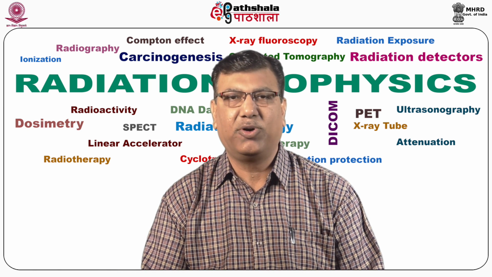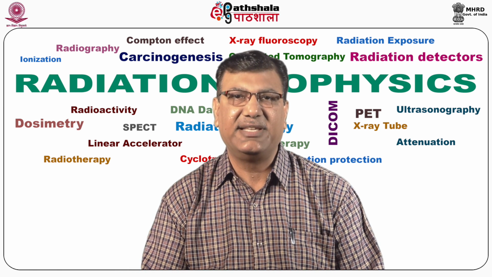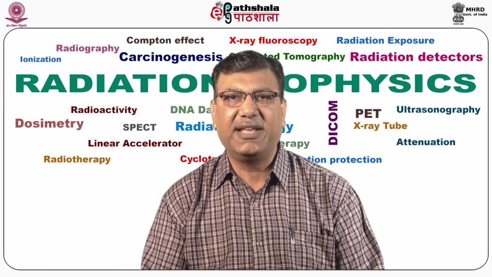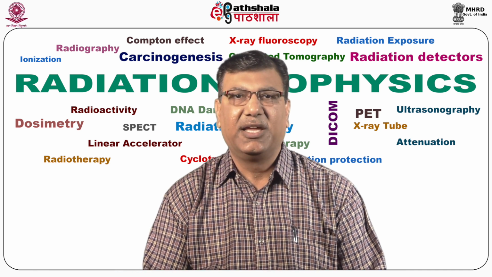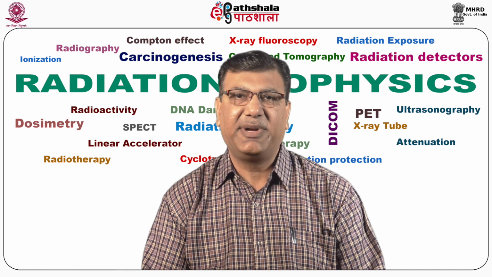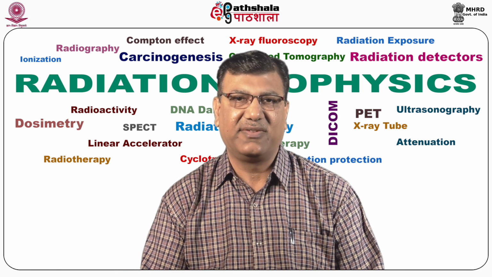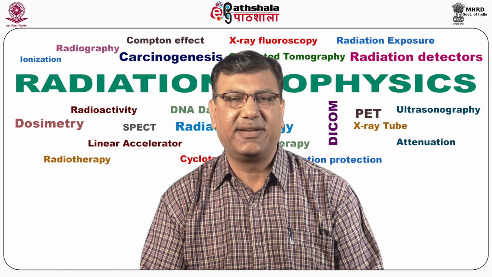Third, which is very popular nowadays, is high dose rate, where the dose rate is more than 12 gray per hour. Practically much higher dose rates are used. On the basis of treatment time, brachytherapy is also classified: one is temporary, second is permanent.